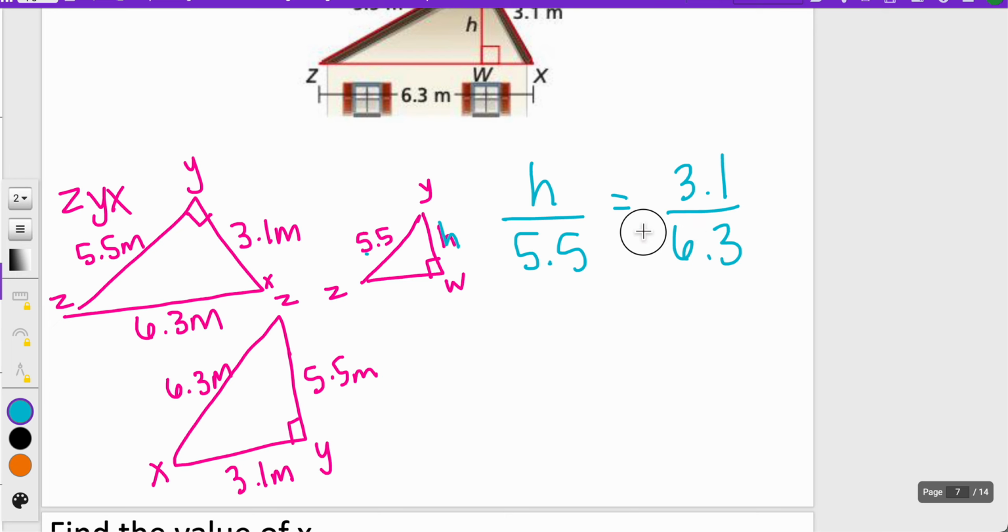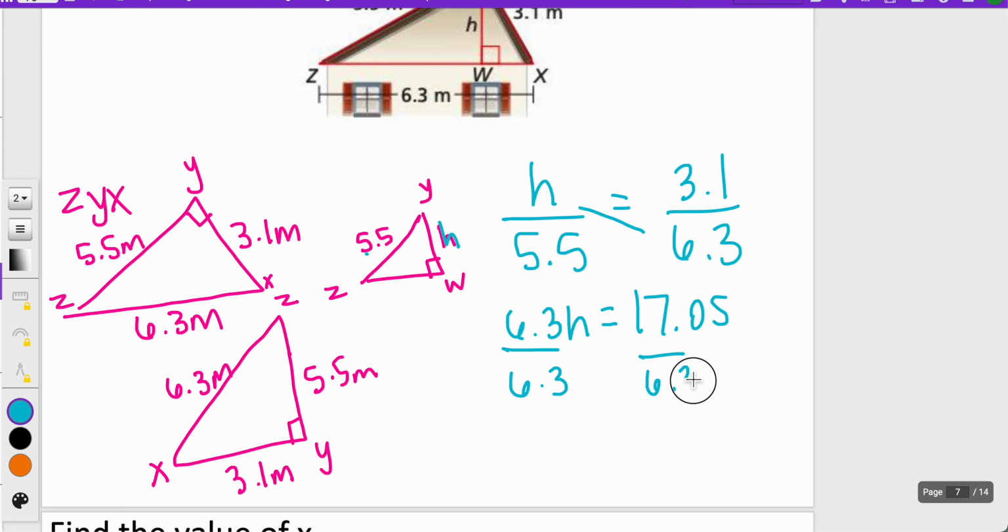We're going to cross multiply, so I get 6.3H is equal to 5.5 times 3.1, which is 17.05, and then I divide both sides by 6.3. I'm getting about, we'll go ahead and round it, H is about 2.7.